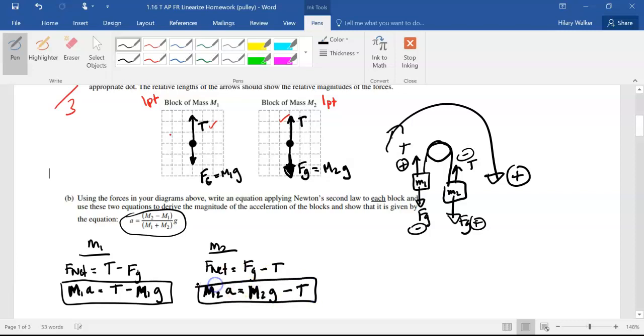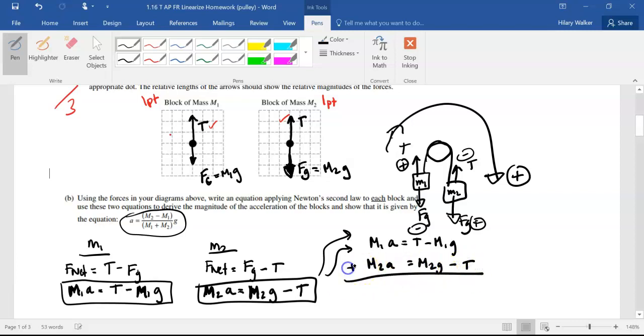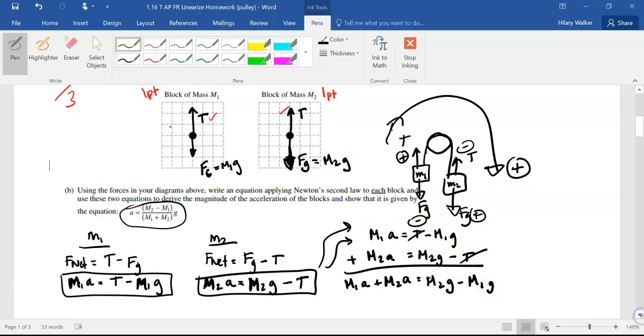Okay, so we have 2 equations, 2 unknowns. We want to solve for acceleration. What I like to do is solve the system of equations by adding these 2 equations together and then simplifying. On the left, we get M1A plus M2A equals M2G minus M1G. Positive T and negative T cancel out.